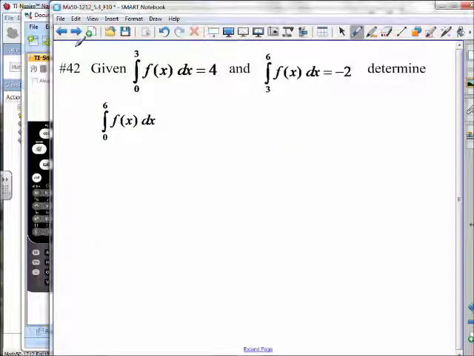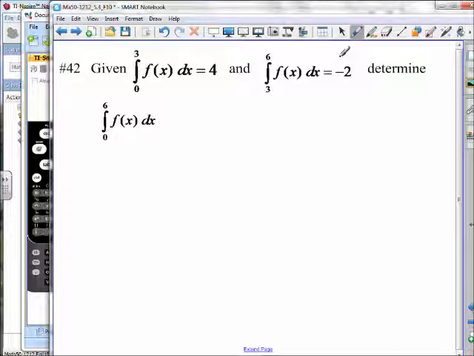Given the integration from 0 to 3 of f of x dx is 4, the integration from 3 to 6 of the same function is -2. Now this is interesting. The fact that it's -2 tells us something about where the output values are. Below the input axis.